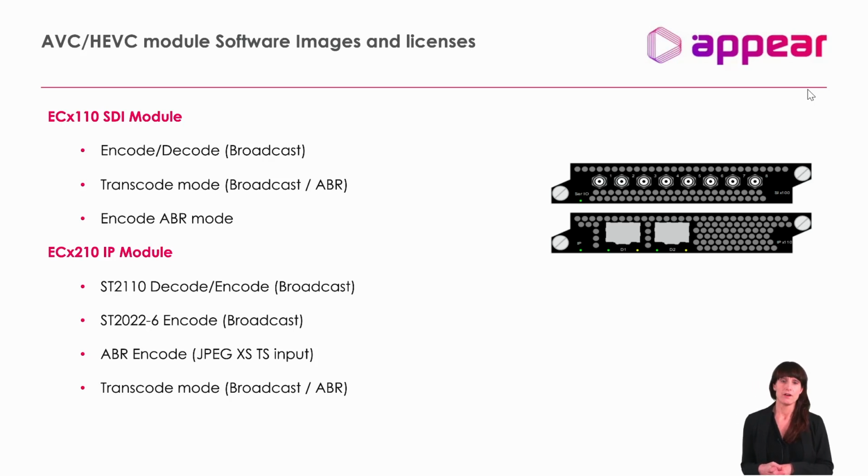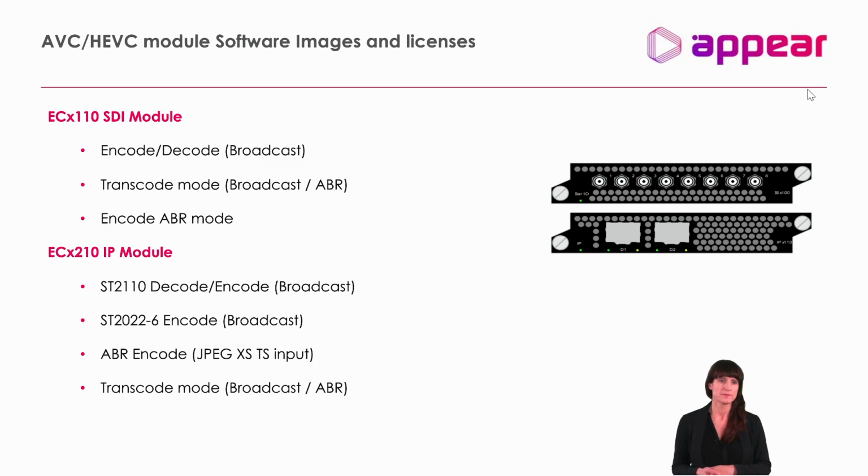And depending on what kind of input or output you have, you can encode, decode for broadcast using the SDI, or you can transcode for ABR or broadcast, and you can also encode for ABR and OTT applications on the SDI module. And the number of channels can be limited by your licenses, so you can reduce costs by reducing the number of licenses.